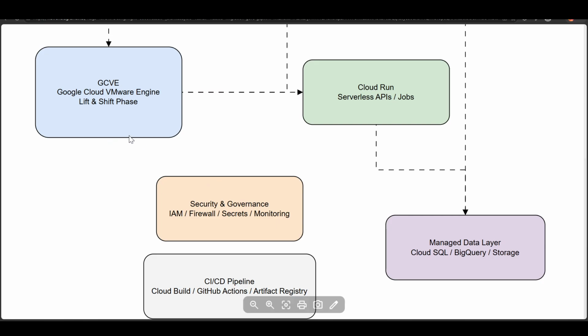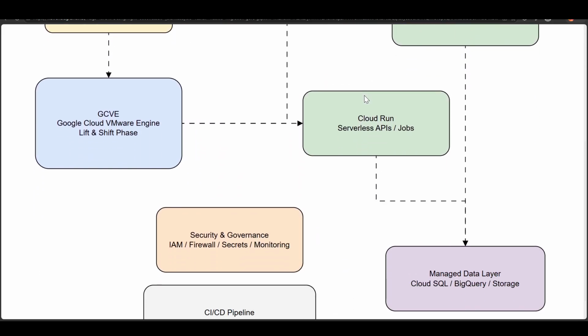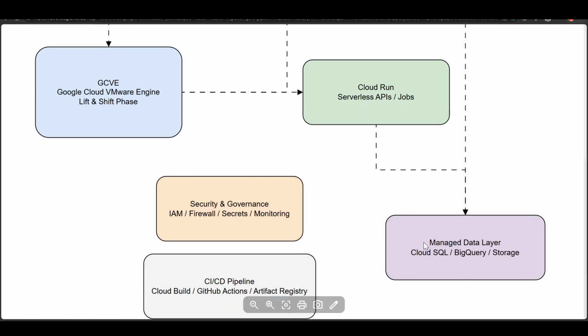As we are doing phase-based migrations, going to GCVE first, and from GCVE to re-platforming to Cloud Run or GKE, and then managing the database using the data layer, we also need to work on security and governance and CI/CD pipelines. So these are some of the things we should do.